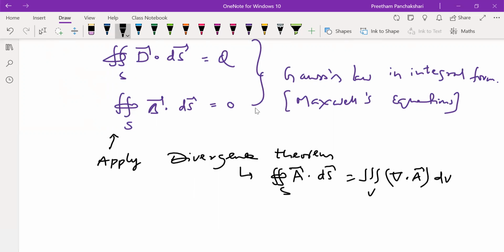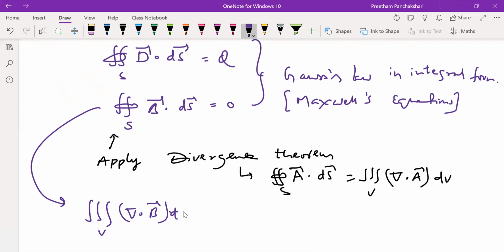So by using this, I can change this equation to the volume integration of divergence of vector B. On the right side, 0 is there, so any integration of 0 is also 0.